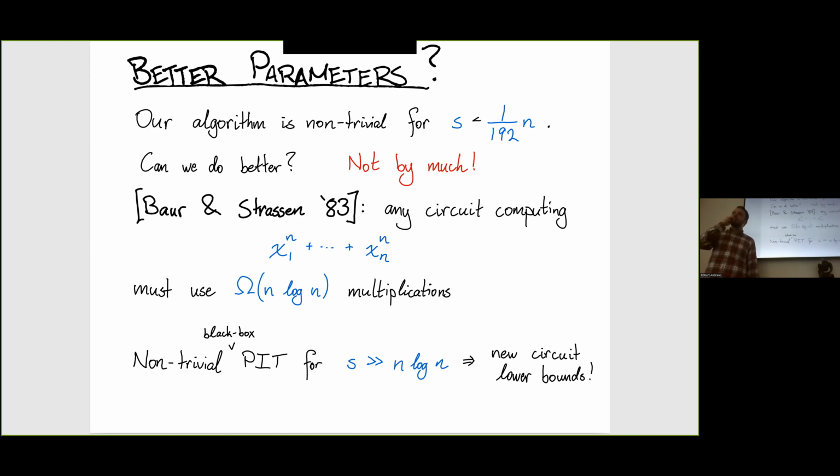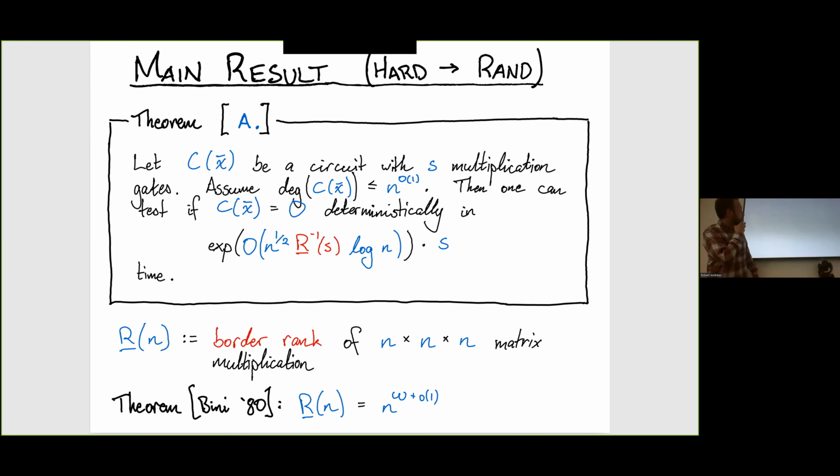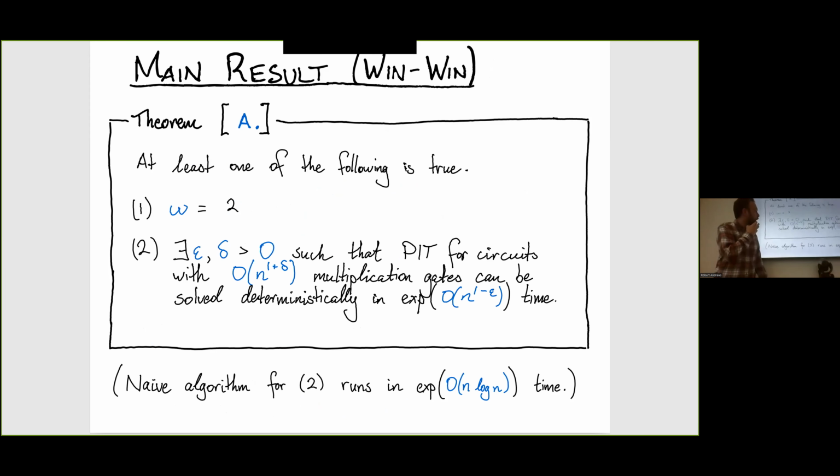Maybe just one question. You said brute force is exponential in n log n. Yeah, let me go back. Could you just quickly say how that is? Right, so again, I'm making the implicit assumption that you have polynomial degree.